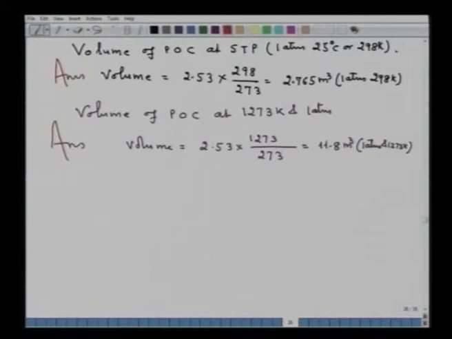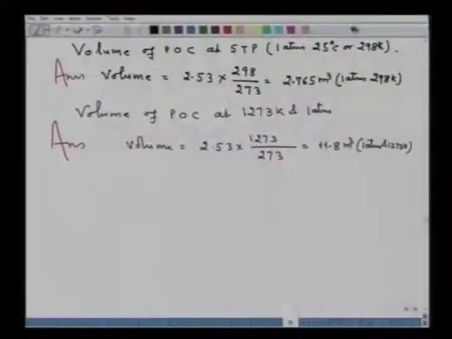So, why I asked you to calculate particularly at 1273 Kelvin is to appreciate the fact that the gases expand on heating, which all of you know. Now, you note from here that there is approximately 5 times increase in the volume of products of combustion than what it was at 0 degree Celsius and 1 atmospheric pressure.